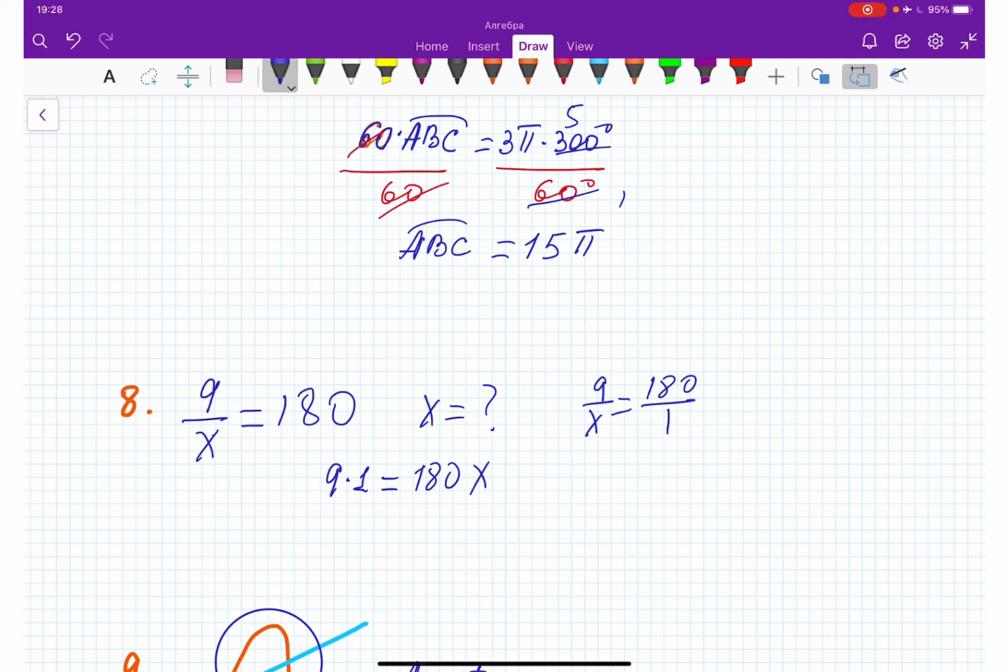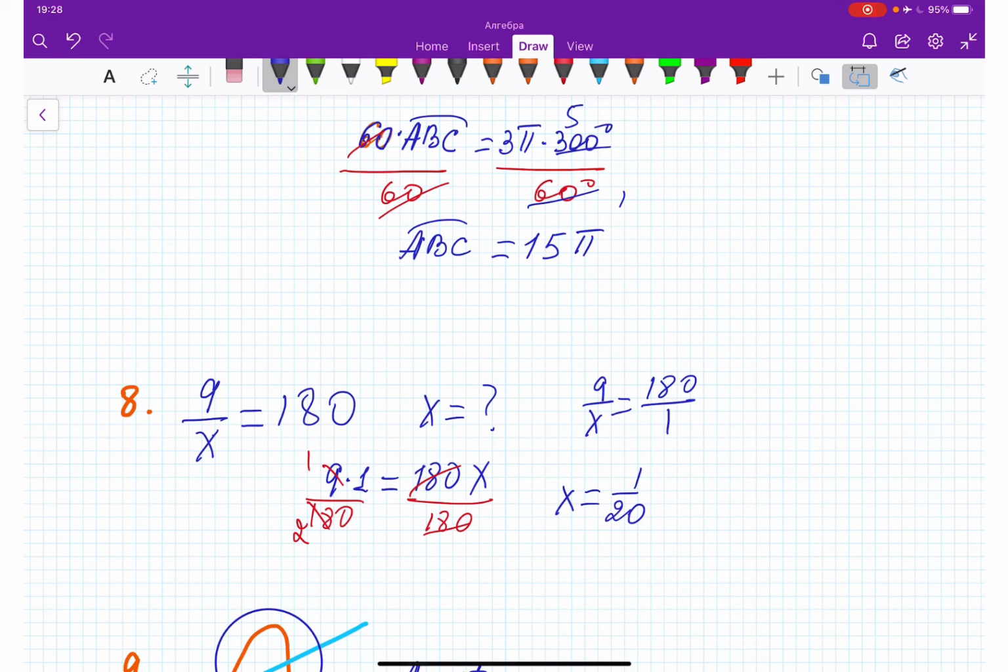So we are dividing by 180, right? We need to find x. Divide by 180 here. Divide by 180 here. This is gone. Here, 18 and 9, this is 1, this is 2, we get x is equal to 1 over 20. Because 180 divided by 9 is 20. So x is equal to 1 over 20.